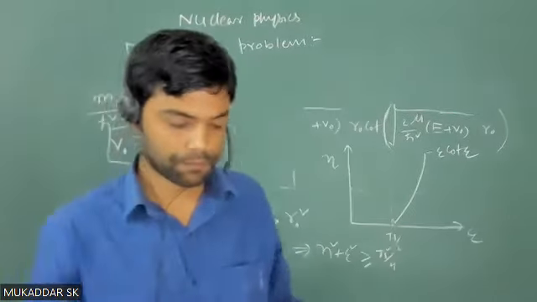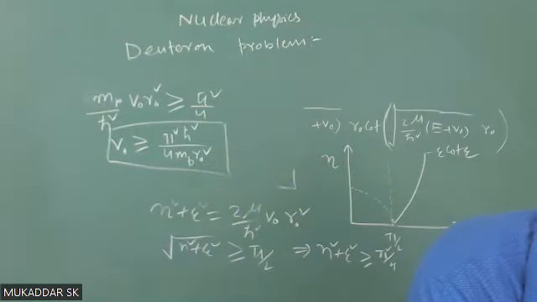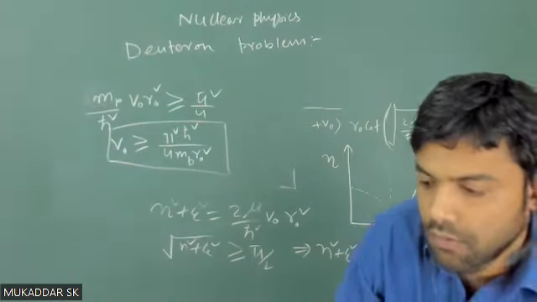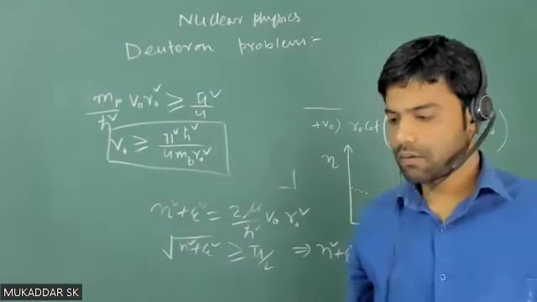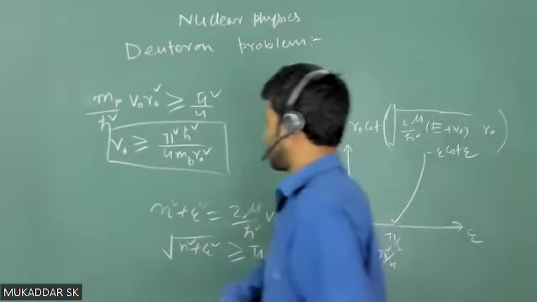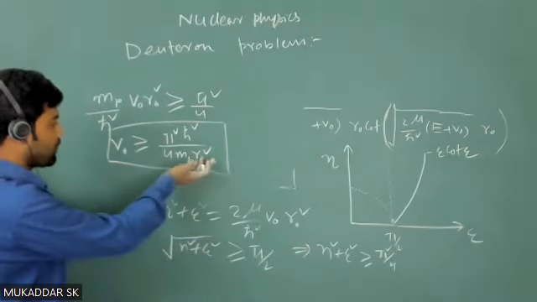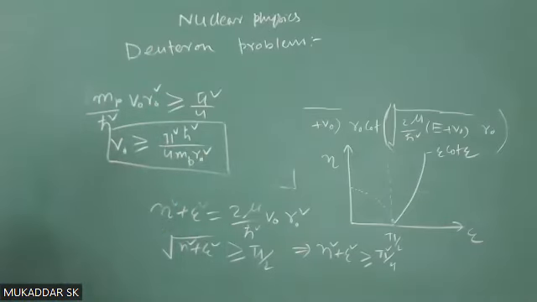If you have a question you can ask me on that, otherwise I'll go to the next topic. Do you have any question on that? So what type of question would come from this section? They may give you this parameter, suppose they may provide the range. They may change the range and ask what will be the strength of the potential.